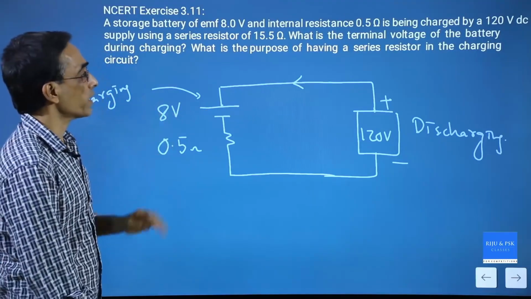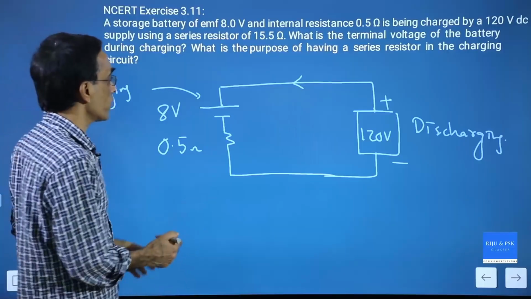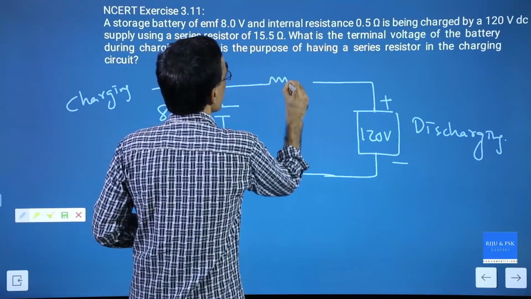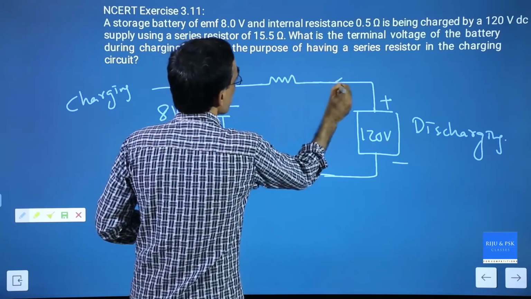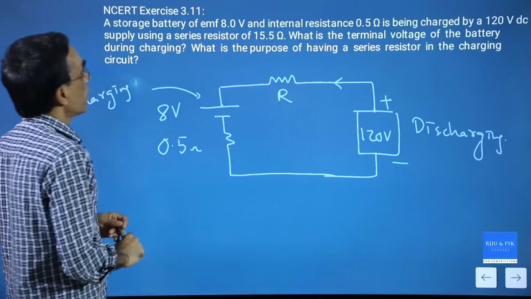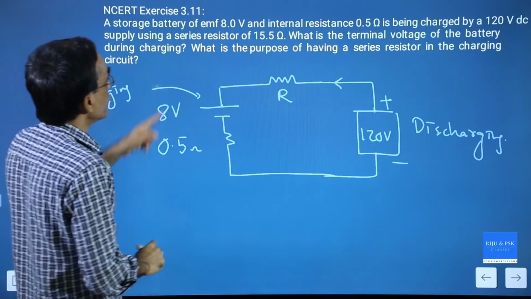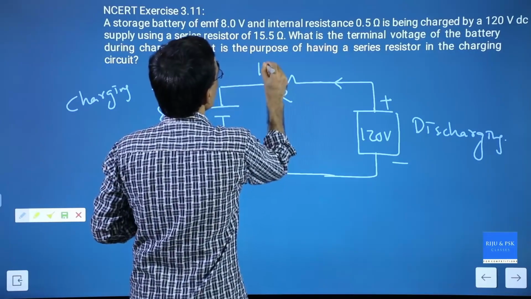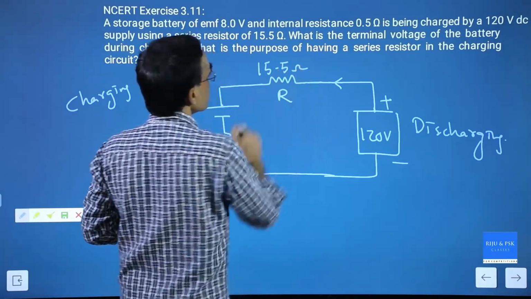So to prevent that excess current, what will you do? You will put a resistance in series here, and the current will flow through this resistance. This is R, and its value is given as 15.5.